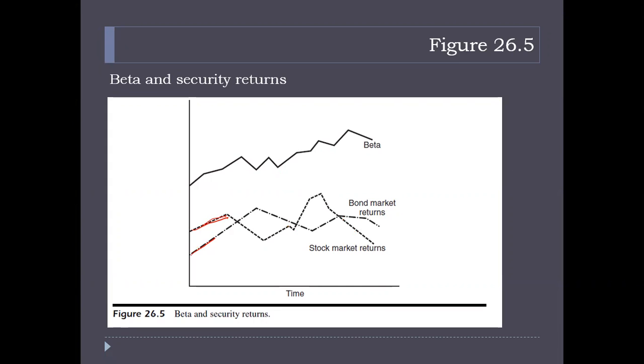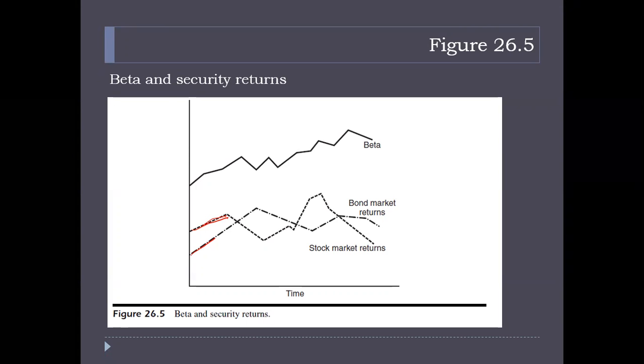Does it look like the beta follows the market return here? Beta means your portfolio beta. Does our portfolio beta follow the market return in a very good way? Sir, not in a very good way, but it follows. Follows, but not in a very good way.